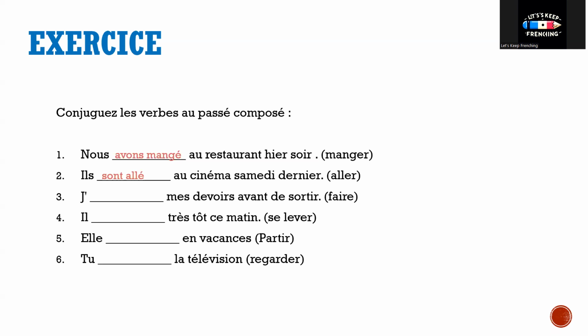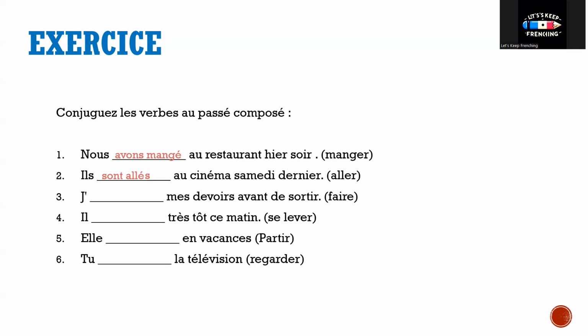But there is a small mistake there because, as we said, when there is a verb conjugated with être, the past participle agrees with the subject. So the subject is ils, which is they, which is plural. So I have to add an extra S here. Ils sont allés au cinéma samedi dernier.